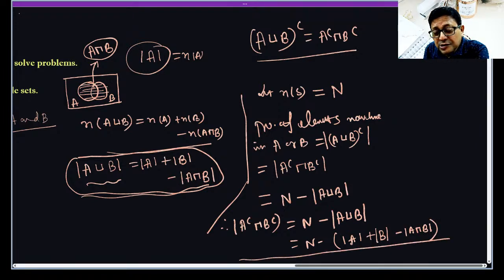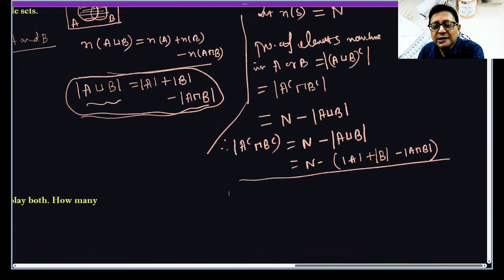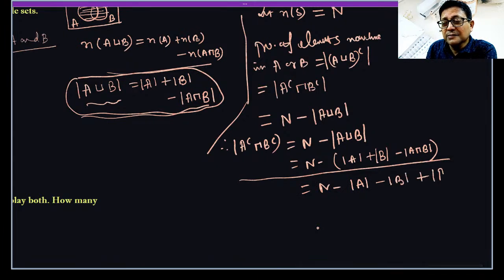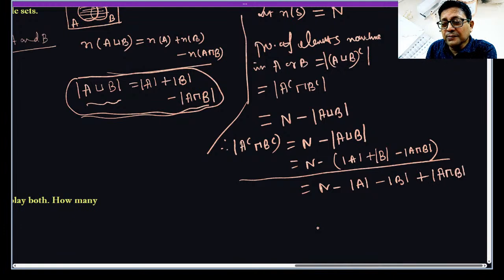So number of elements nowhere in A and B can be written this manner, n minus A minus B plus cardinal number of A intersection B.